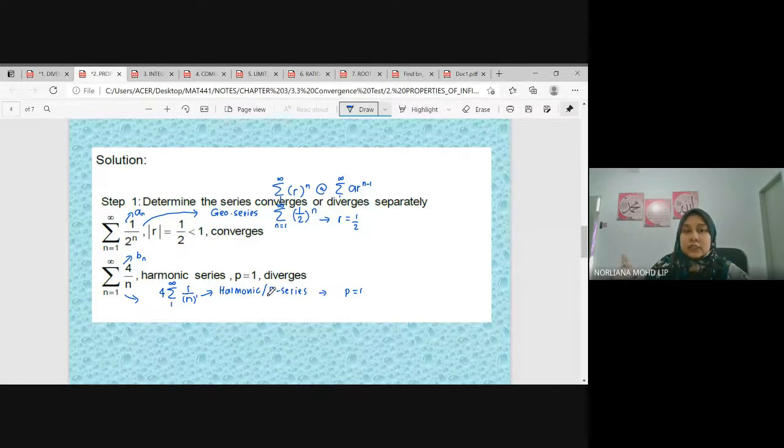Okay, according to P series, if P is less than or equal to 1, it is diverge. According to P series, if P is greater than 1, it is converge.